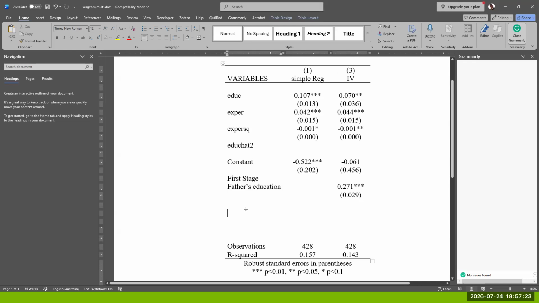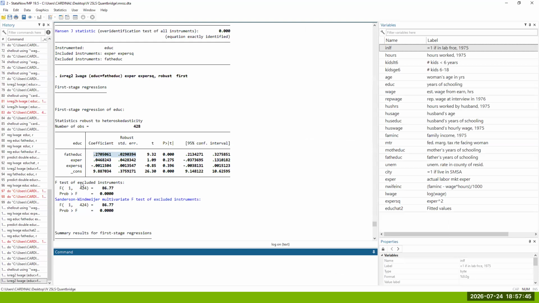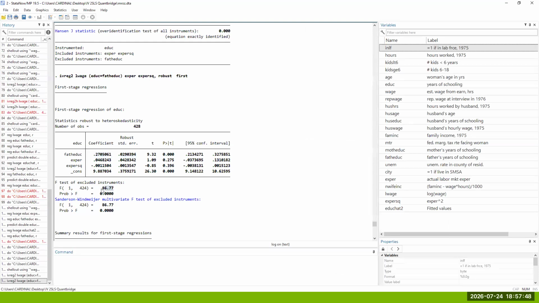You also need to inform your reader that the model that estimated this was significant in its general sense, which is the F statistic. If we go into Stata here, this F statistic that was reported here is all you need, the 86.77.